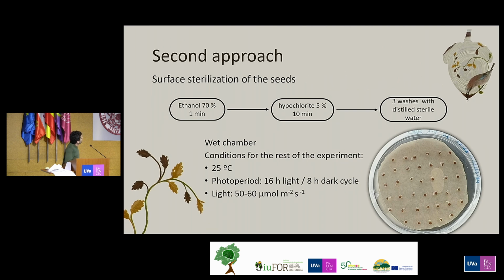So once I do this treatment, I sterilize the surface following this protocol, and then I put them in a wet chamber with these conditions that will be the same for all the experiments, in a cultivation chamber for plants.